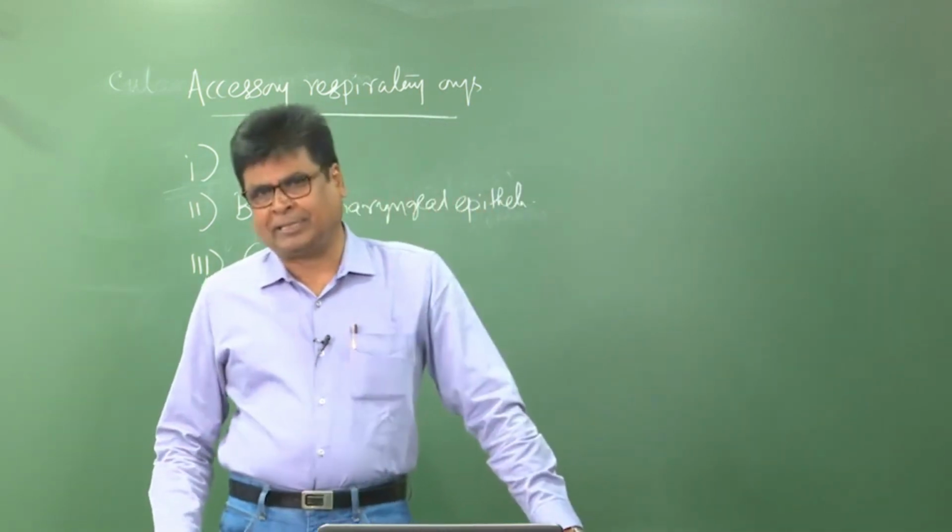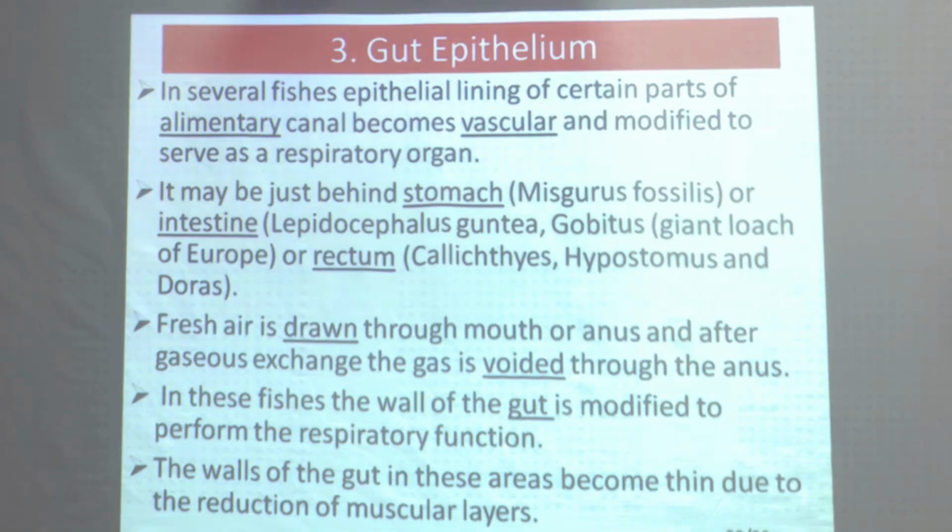In several fishes, the epithelial lining of certain parts, not the whole alimentary canal, become vascular, which means those regions are rich in blood capillaries. When blood capillaries are more and more, this is known as vascular.